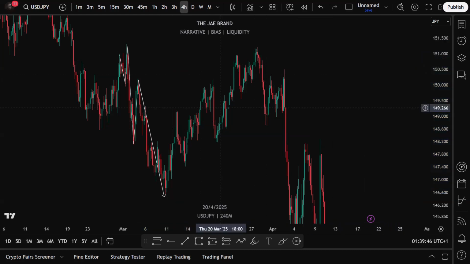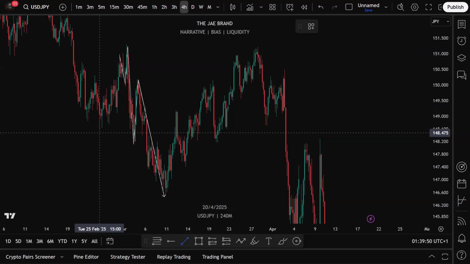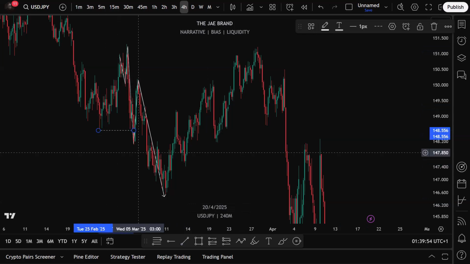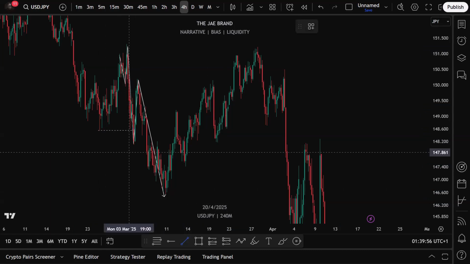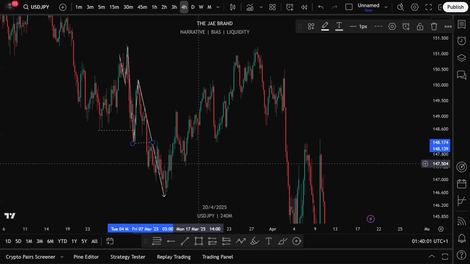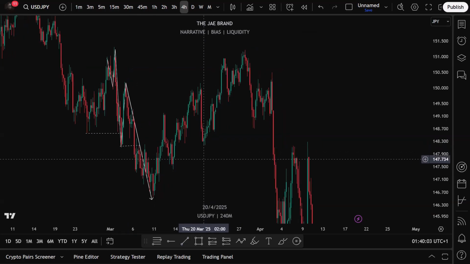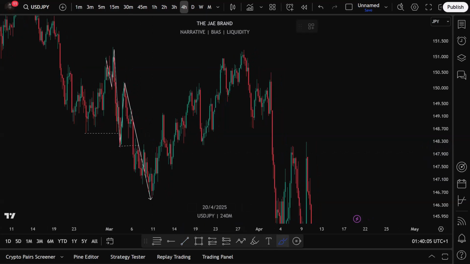Then for a buy model, we want to buy from the discount area. Now this is transactional liquidity being taken here, which is your BOS. We have another transactional liquidity being taken here. And when transactional liquidity is taken, what should we be expecting? We should be expecting a retracement.